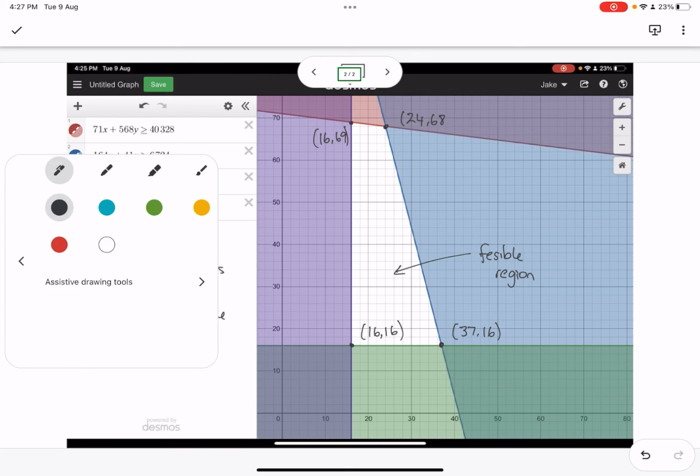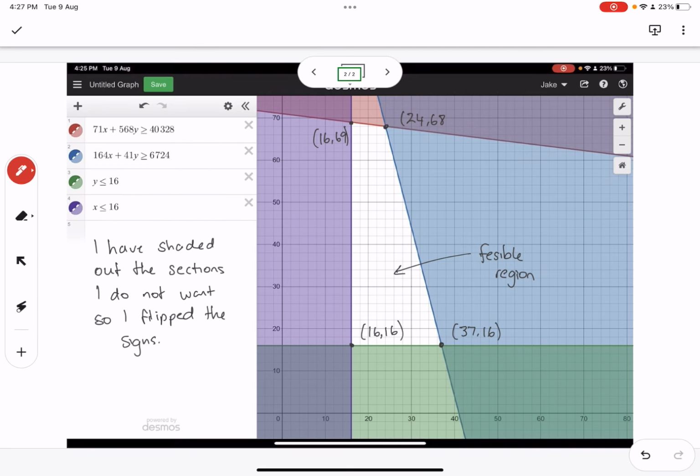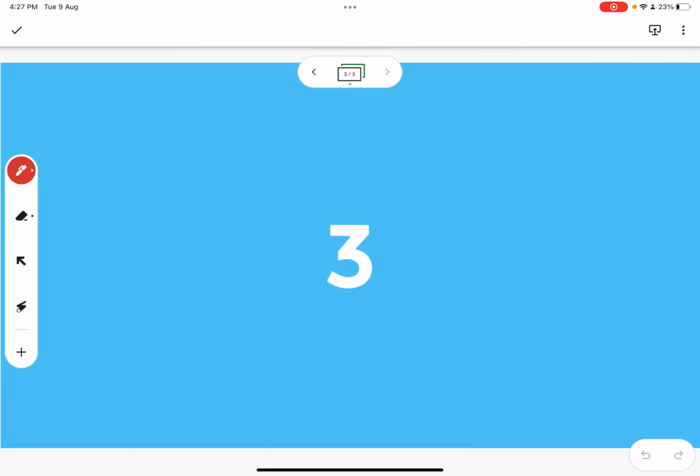Now, if you get that far and you've drawn your graph and labeled it correctly, this here is going to give you an achievement grade. So now let's go on and have a look at what we need to do from here.